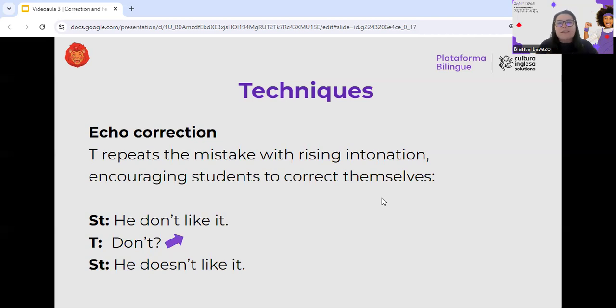So the example is, he don't like it. Don't. He doesn't like it. So by giving this rising intonation to the word, you show them that the mistake happens there in that word, and this way they'll be able to identify that the problem happens in that word and change it.